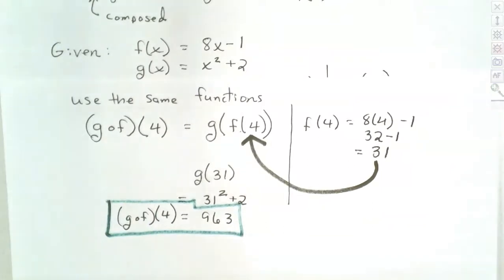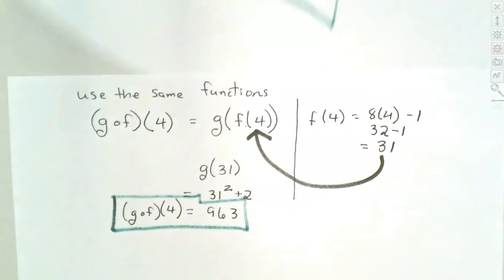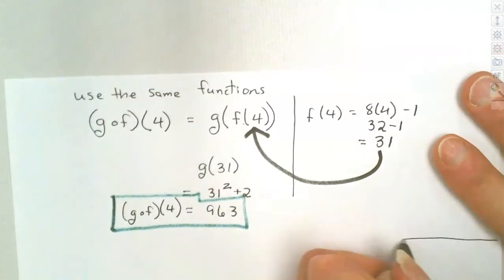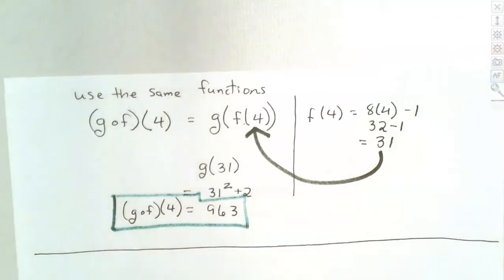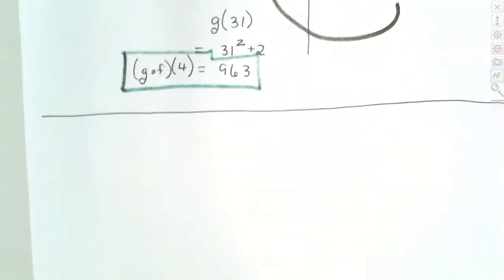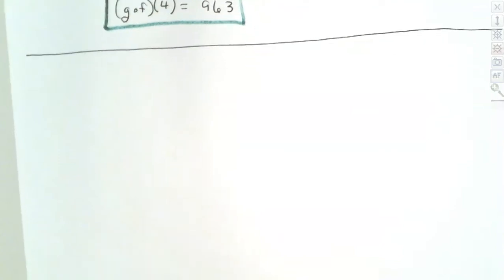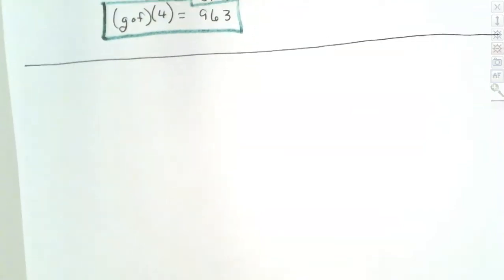So far, we've only used numbers. It's going to behave the same way with variables. It's actually a little bit easier, but sometimes students get confused as to what goes where. So now I'm going to give you two functions, and we're going to compose them together.